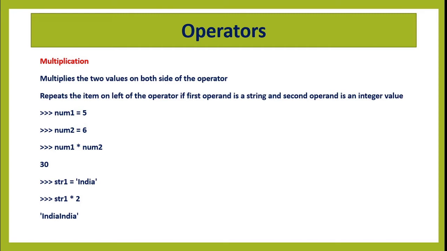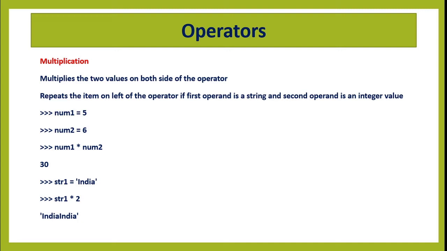So the next one is multiplication. It multiplies the two values on both sides of the operator. So there is one condition to perform the repetition. What condition? If the first operand is string, the second operand is integer value, then only we can perform the repetition.